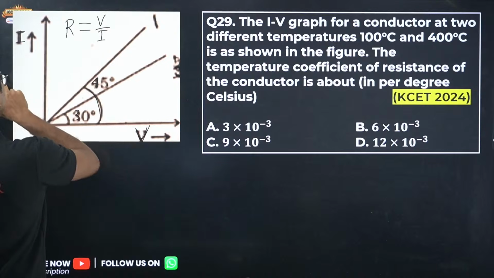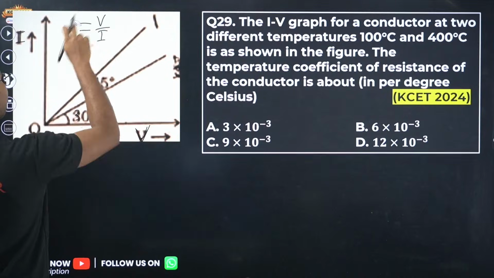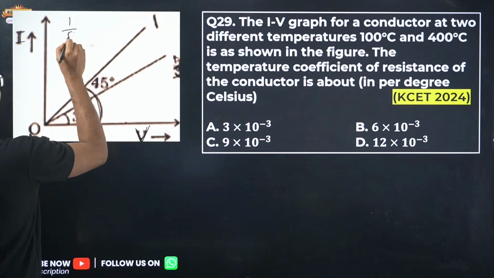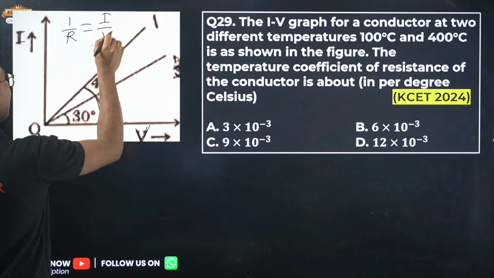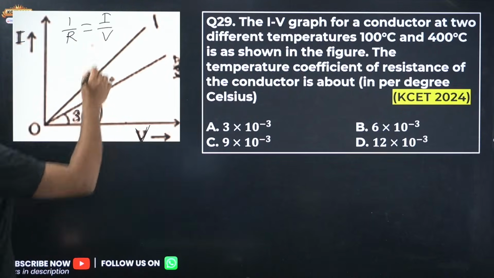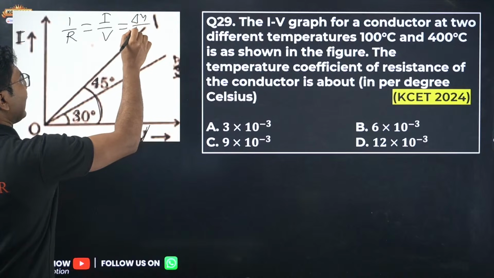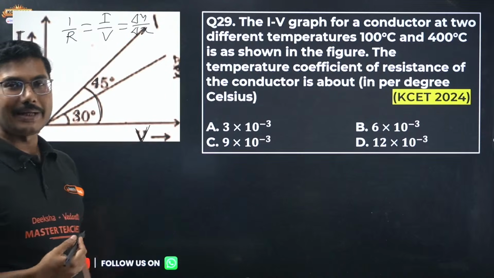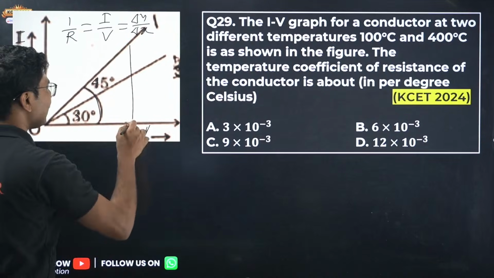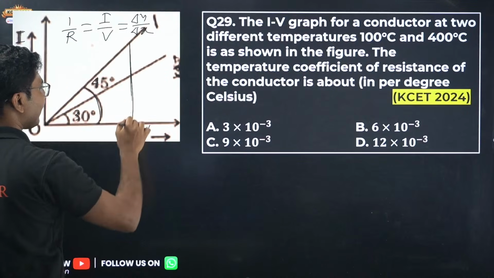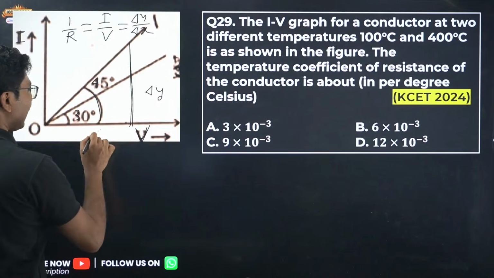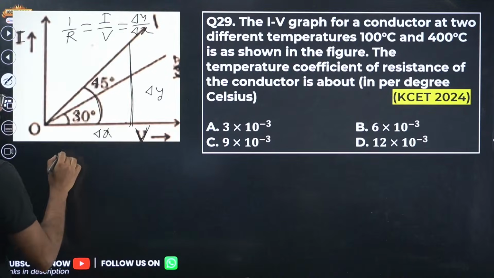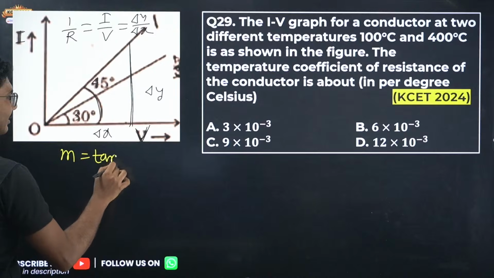So we can say that 1 upon R must be I by V. I by V means delta Y by delta X, which is the slope of a straight line. Slope of the line is delta Y by delta X, and slope is tan theta.